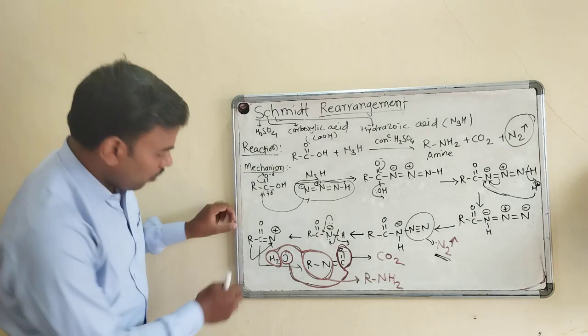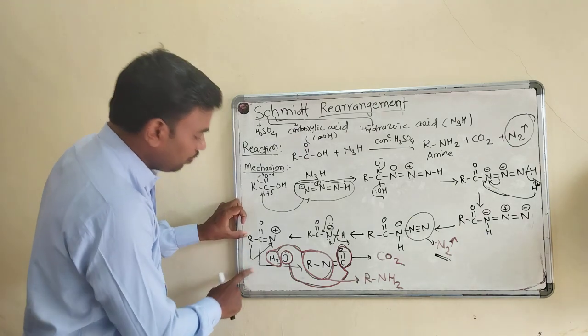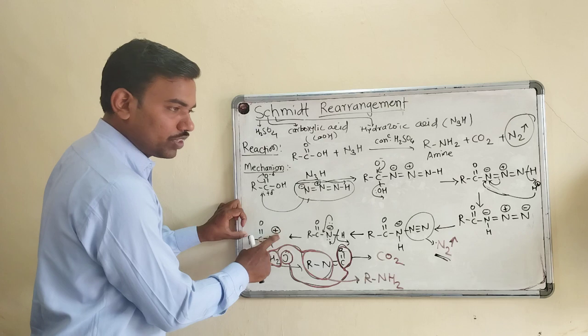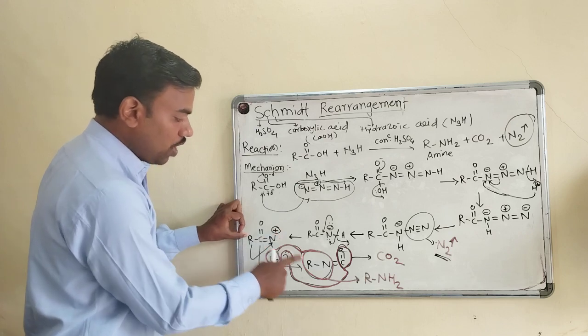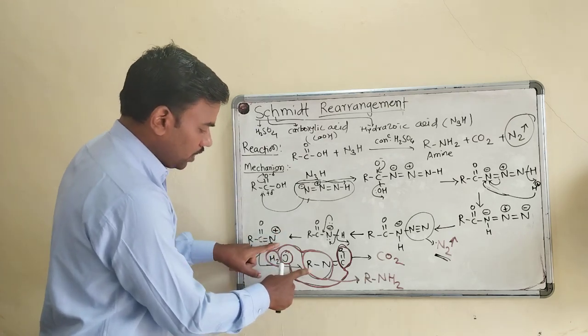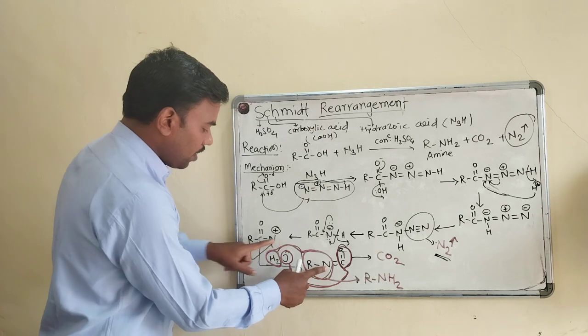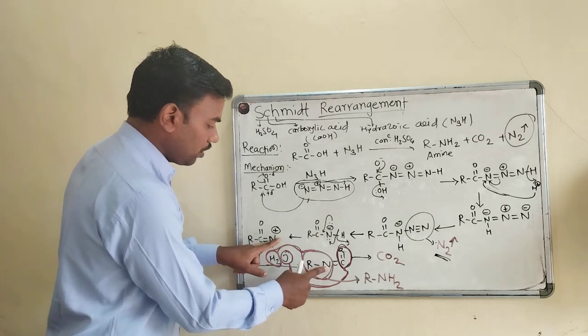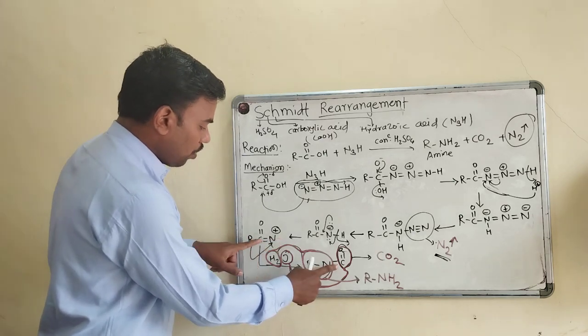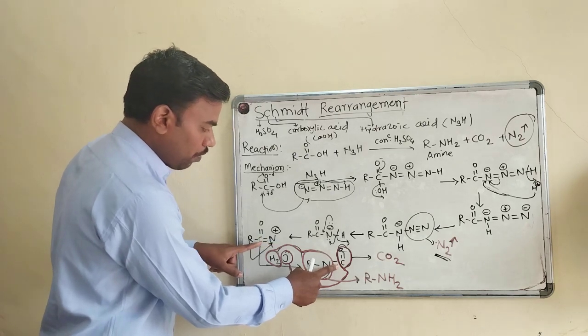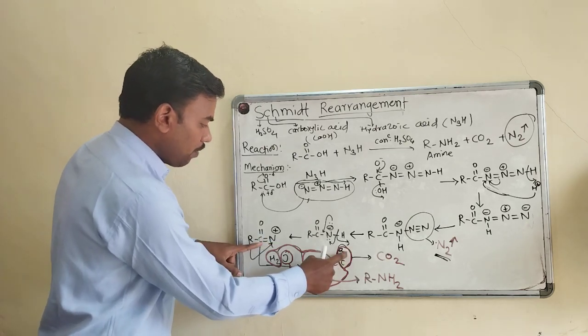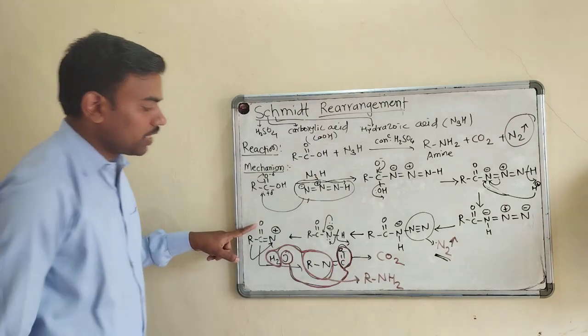See here, what I have written, just R is shifted over this nitrogen. Then N double bond C, correct? And C double bond O. So the remaining structure is as it is.